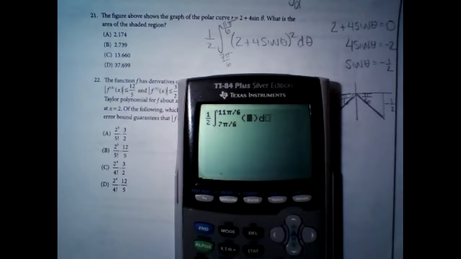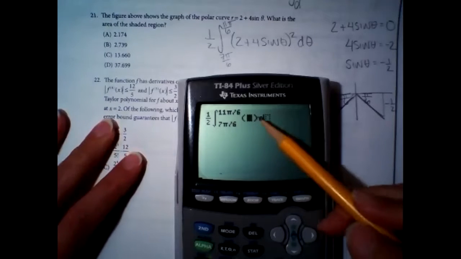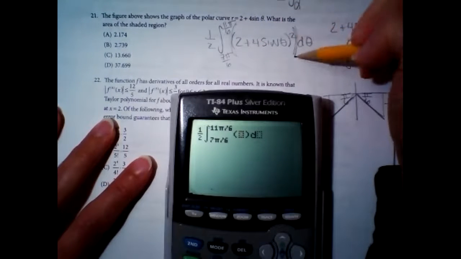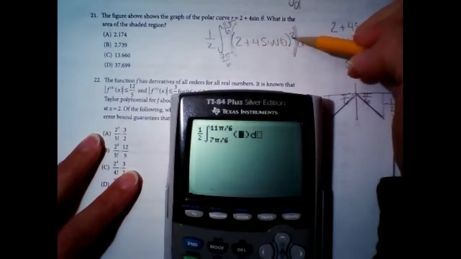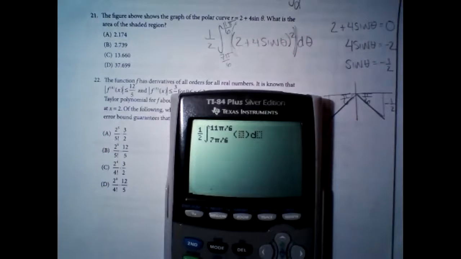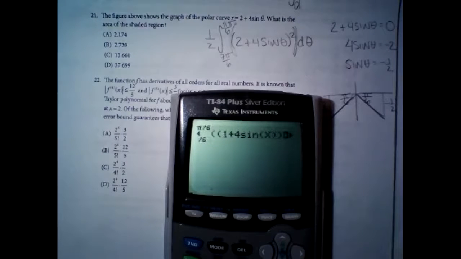And then you have to start your own parentheses, because the parentheses given by the calculator are going to be around the entire thing. So you still have to put your own parentheses so that you can then square that. It's going to have to all be inside of there. So 2 plus 4 sine of, I'm just going to put x, close parenthesis, and then squared, and then dx, and that will give us our answer.